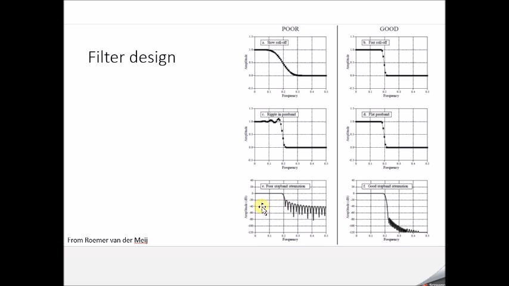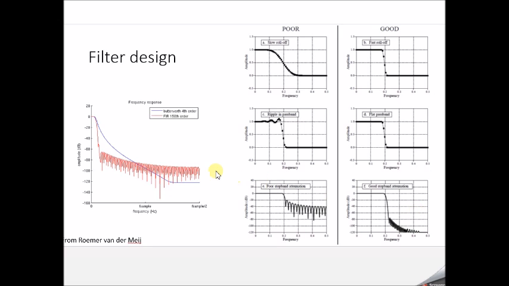On the left, the attenuation in the stop band is around negative 40 decibels, but on the right, the attenuation in the stop band is less than negative 80 decibels. So we have significantly more attenuation and would probably prefer to use this filter.